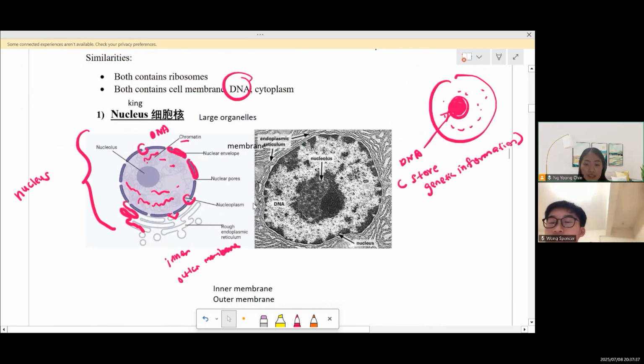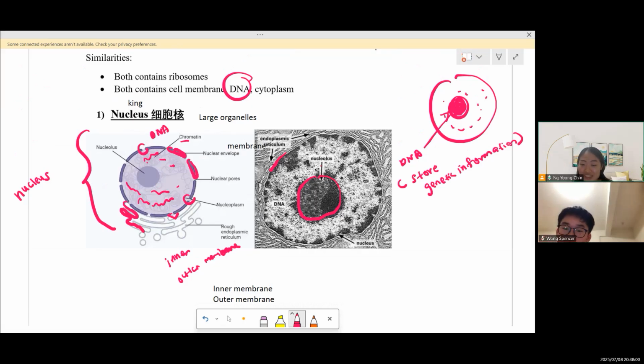And then you need to know about the structure, okay? Especially under the microscope, you need to identify it. So Spencer, this one is a nucleus under the microscope. You can view it, okay? You can see there's a very large nucleus at the center, just like the egg yolk found within the eggs, right?